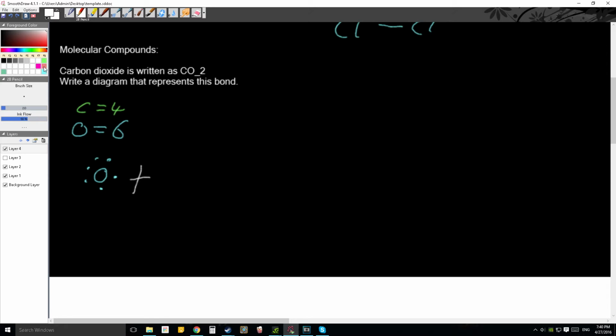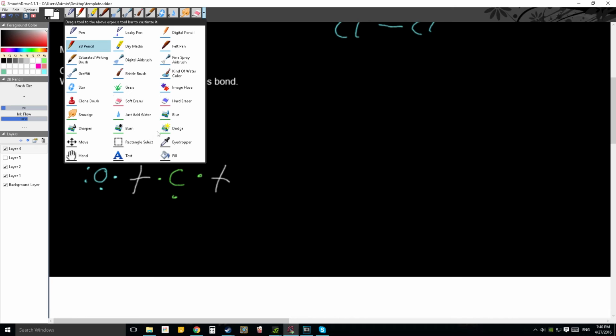So our carbon would be plus carbon, and because there's only 4, we'll do 1, 2, 3, and 4, because we have to have 1 on each side, and then add on our last oxygen, and I'll copy paste that.